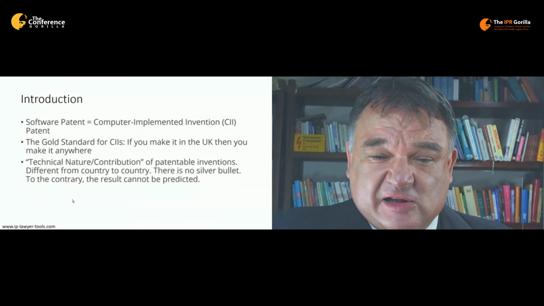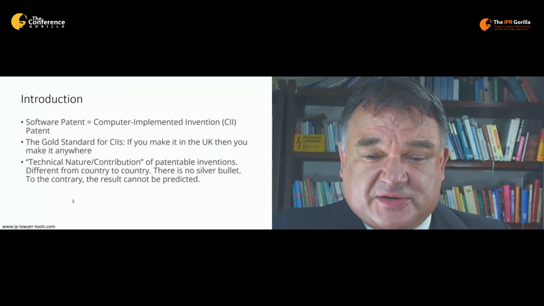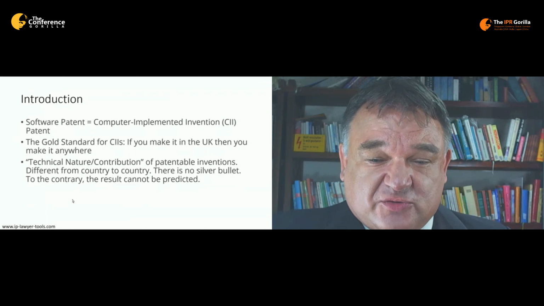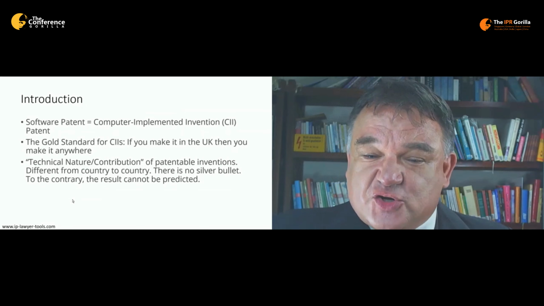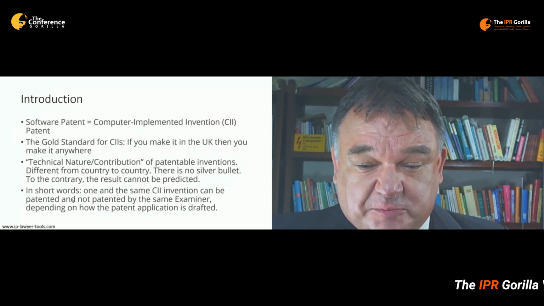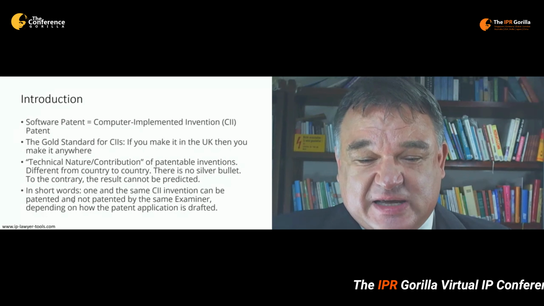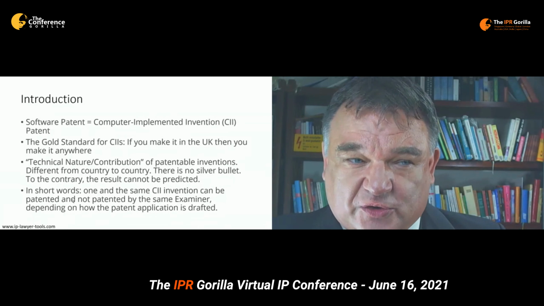Technical nature or technical contribution of a patentable invention is different from country to country. There's no silver bullet. To the contrary, the result cannot be predicted at all. In very short words, one and the same CII invention can be patented and not patented even by the same examiner, depending on how the patent application is drafted and worded.